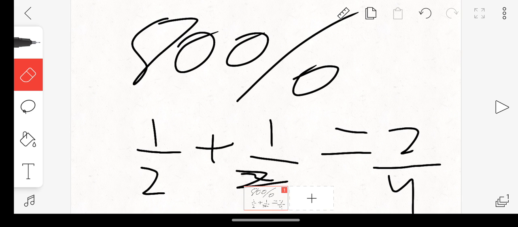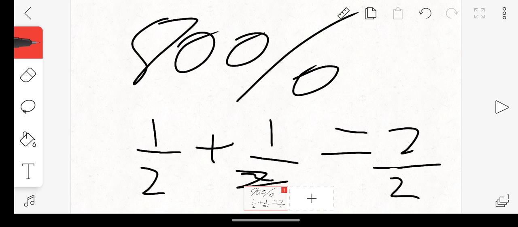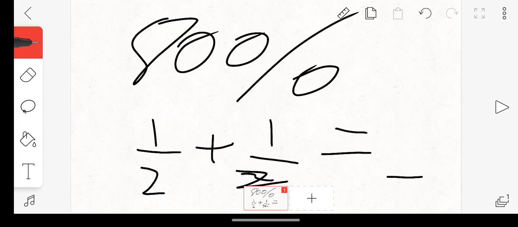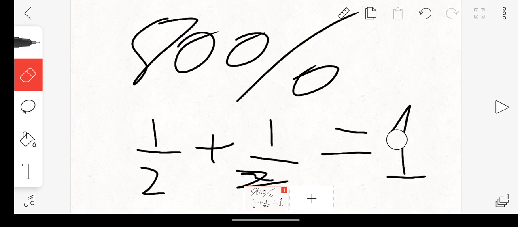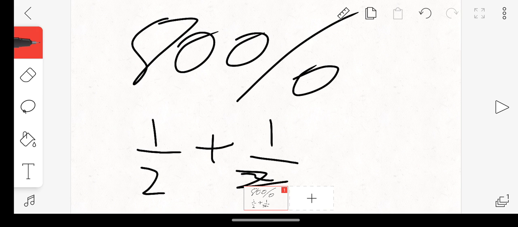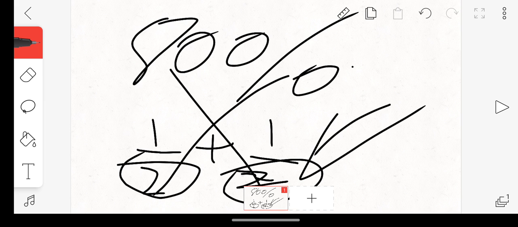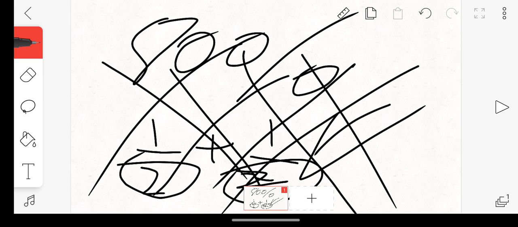That is 2 halves, or you can also say 1. 1 half and 1 half equals 1. You can also say that. So we're going to be adding them, but do not add the denominator. No, don't add.